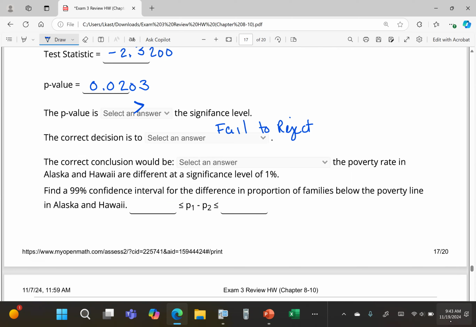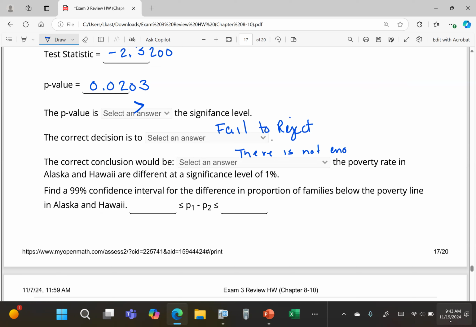The correct conclusion would be, and the fact of the matter is, there isn't sufficient evidence to conclude. So one of the drop downs is there is not enough. The evidence, the data that we have, doesn't support the alternative.